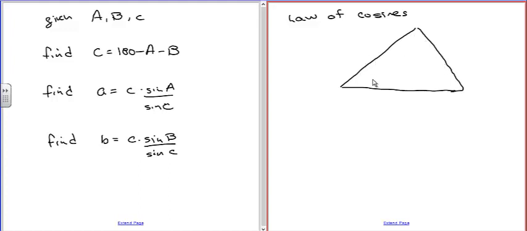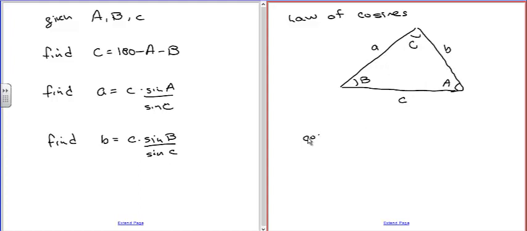For the law of cosines, typically, let's say this is angle A and this is side A, so we can call this angle B, side B, angle C, side C. So typically you are given either all three sides, and then you can calculate the angles.